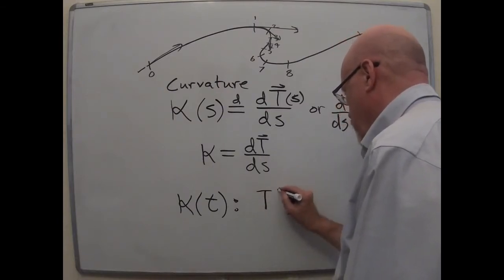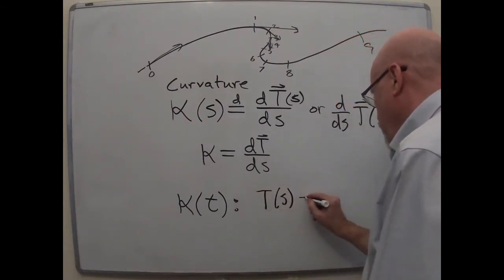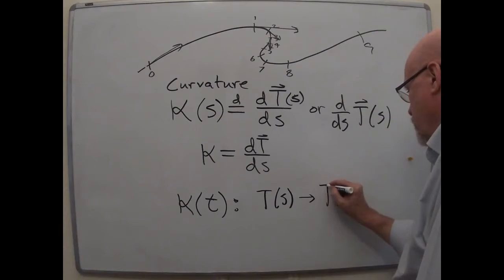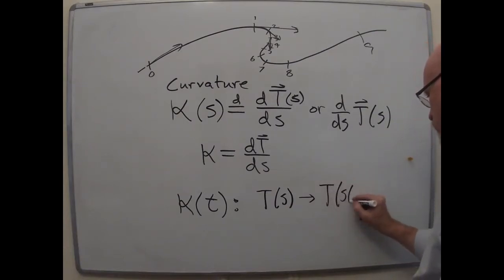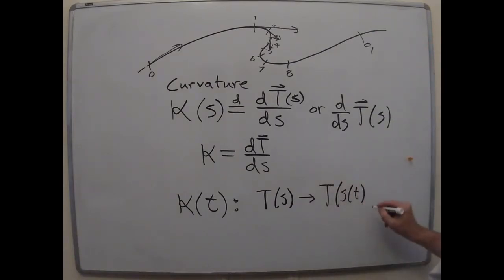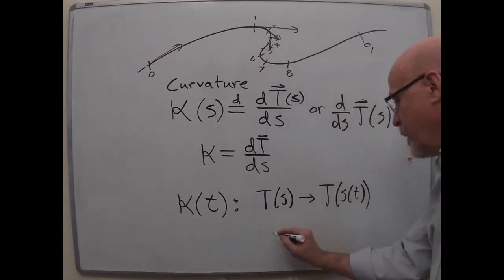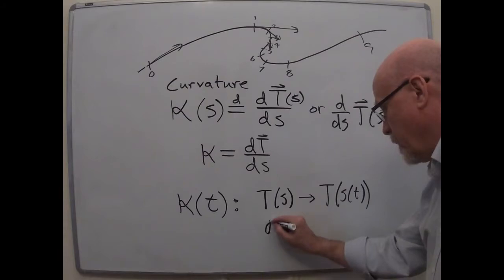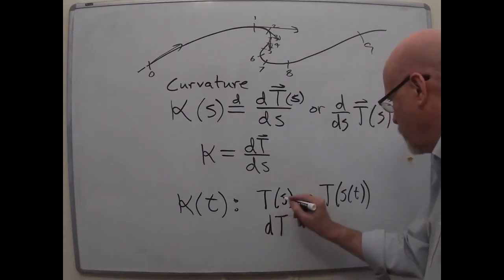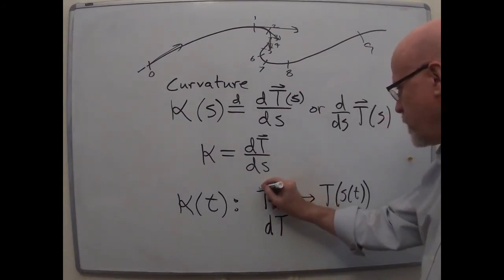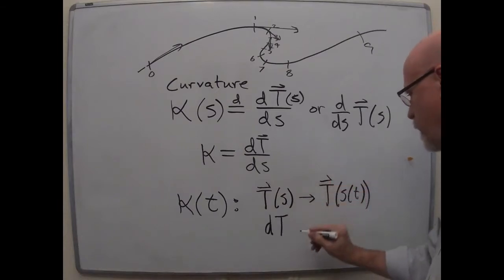T as a function of s, kind of morphing into T as a function of s, which is itself a function of little t. Well, let's just write down the Leibniz version of things when we take the derivatives of both of these. This one is dT/ds. Oh, vector hat's missing all over the place here.